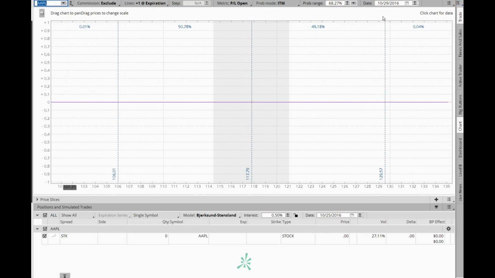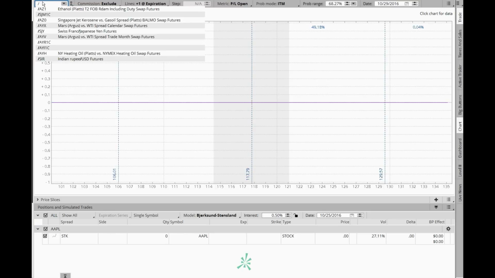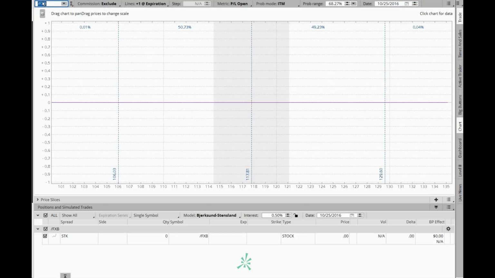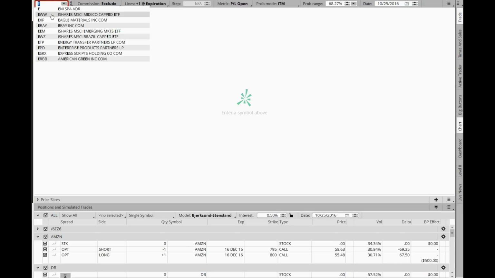You can always use options on pound ETF or pound futures. FXB is the pound ETF, but I'm not so sure the option is good or bad now.